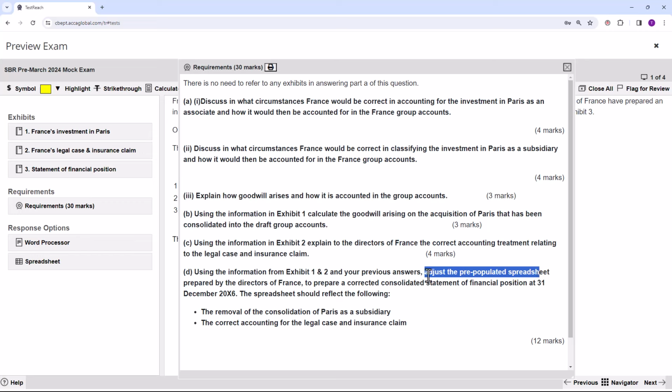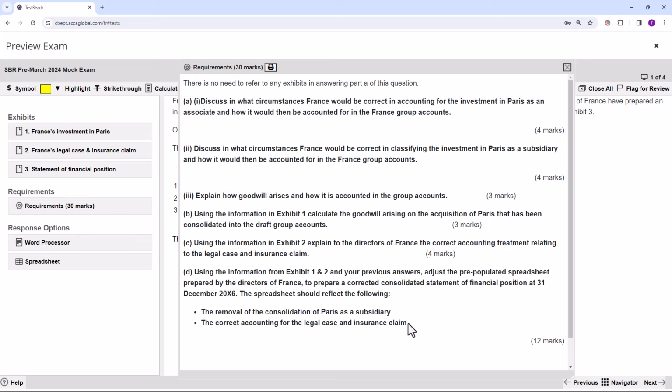One of the exam technique approaches is to try and integrate and answer the question holistically, and I'll be demonstrating that in due course. But first things first, there is no need to refer to the exhibits when answering part A of the question. All right.